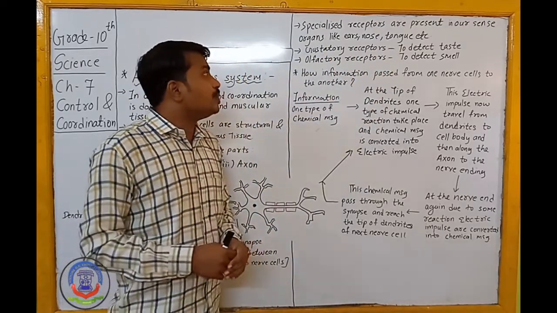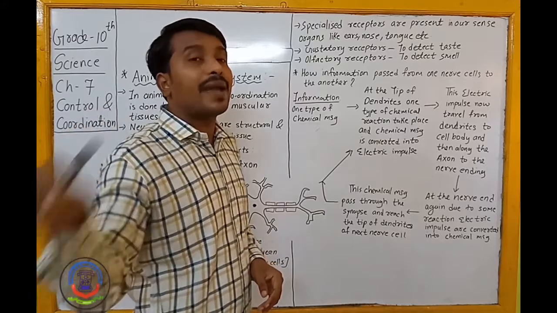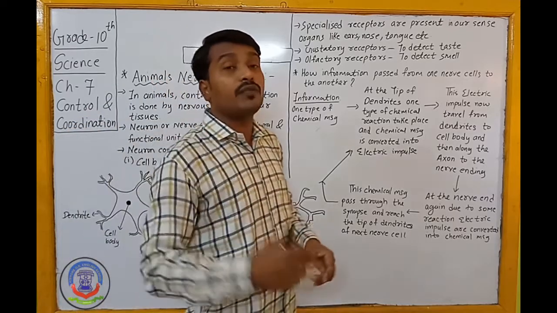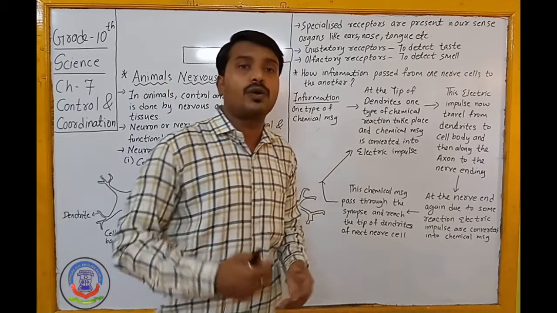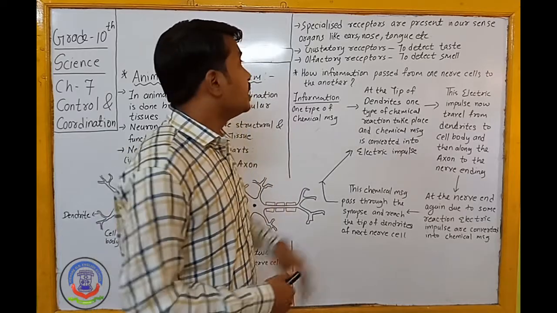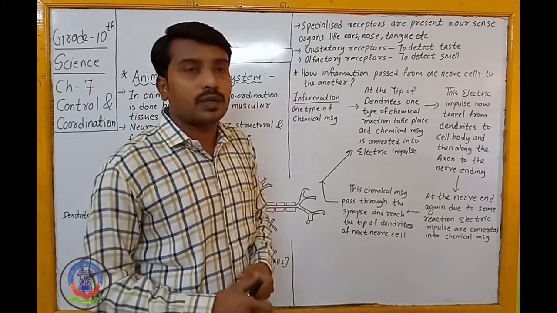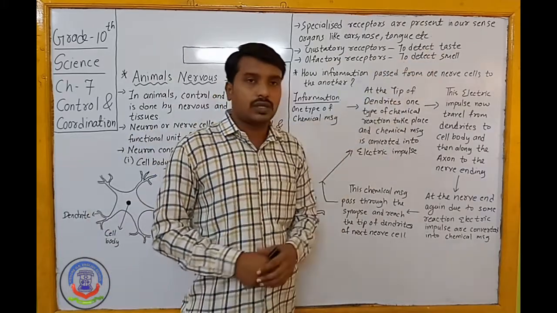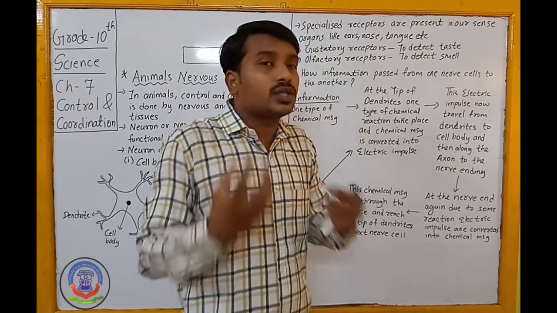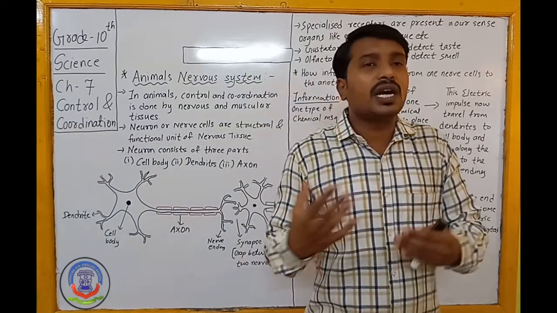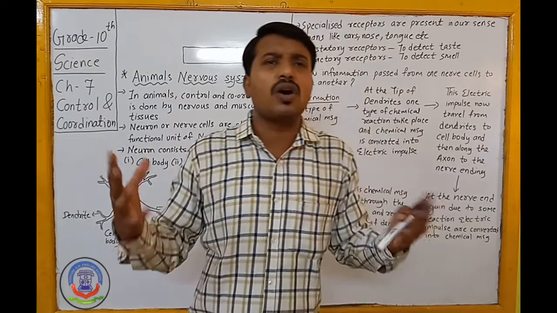Now there are two special receptors which are mentioned in your textbook, which are very important from the MCQ or objective point of view. They may ask in 1 mark, that is gustatory receptors. So what are gustatory receptors? They are to detect taste. यानी जब भी आपको किसी चीज का टेस्ट आइडेंटिफाई करना है कि वो खट्टी है, मीठी है, कड़वी है, बिटर है, सोर है, कैसी है.